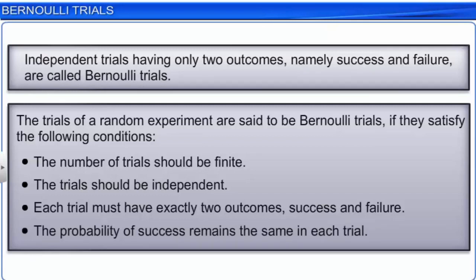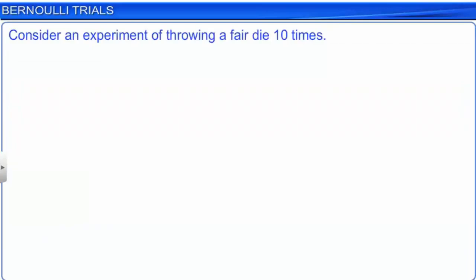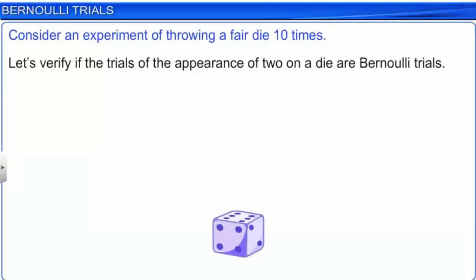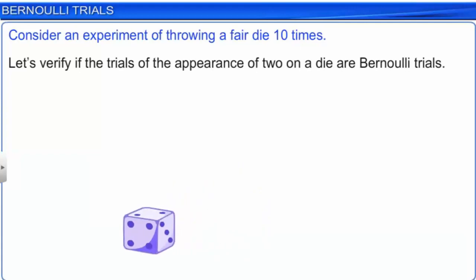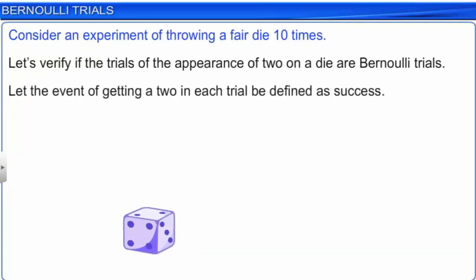Consider an experiment of throwing a fair die 10 times. Let's verify if the trials of the appearance of 2 on a die are Bernoulli trials. Let the event of getting a 2 in each trial be defined as success. Let the probability of success be P. Clearly, the successive throws are independent.